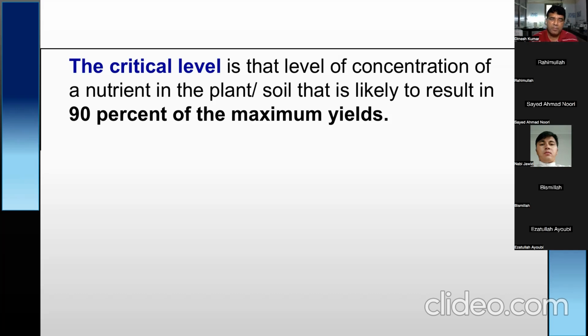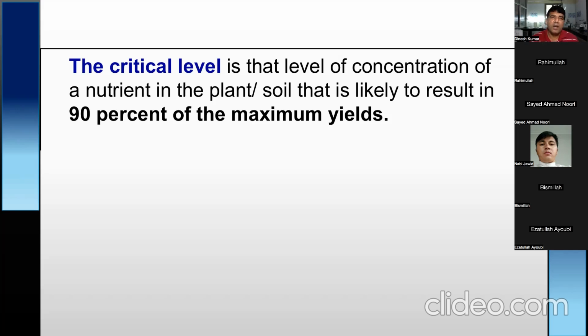So dear friends, this critical value can be in soil or can be with respect to plant. It is the level of concentration of a nutrient in the plant or in soil that is likely to result in 90% of the maximum yields. Suppose there is no deficiency of any nutrients.